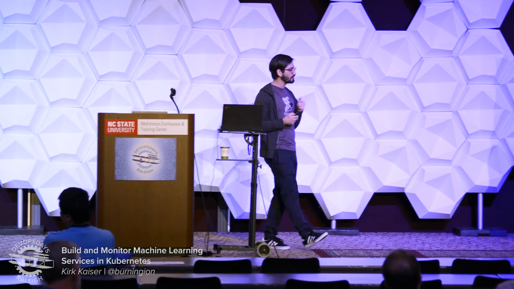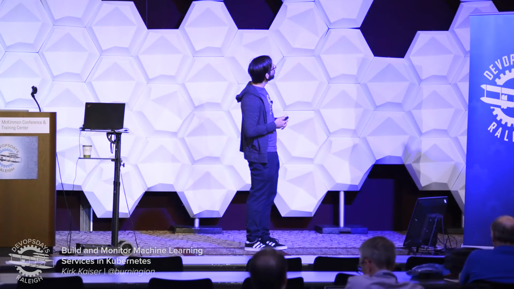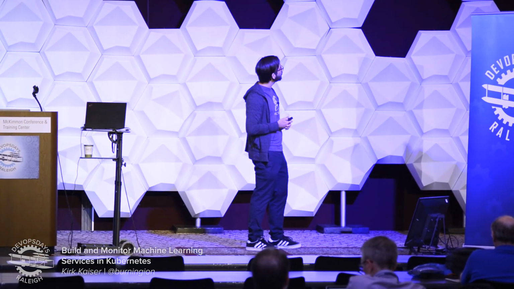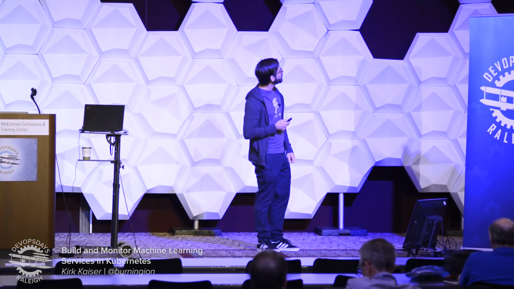And the way that you add observability is via Daemon Sets. Daemon Sets are containers that run once per node, or once per computer, within your cluster. And you can set it up. Here I've got one from NVIDIA that's exporting the memory usage, CPU usage, and also the power usage.